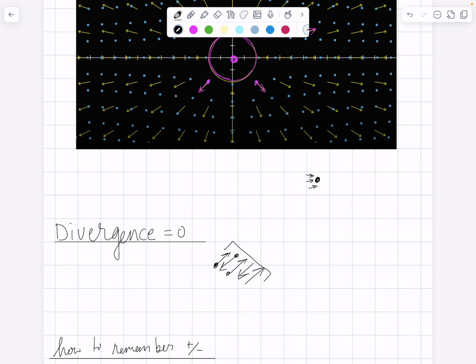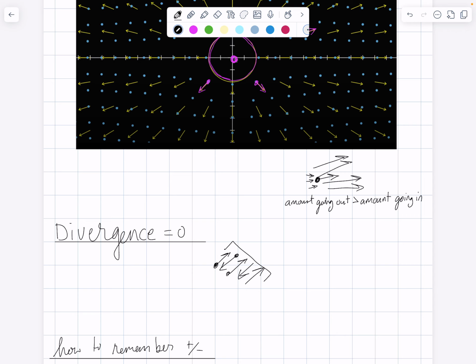They're not very big, but on the other side, we've got some way bigger vectors heading out. So here, the amount going out is greater than the amount going in.